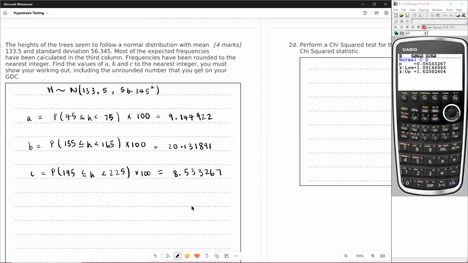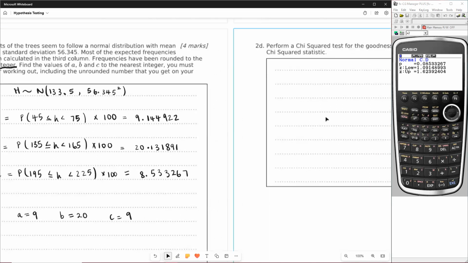Then they say to round them off to the nearest integer here. I almost said to the nearest teenager. That's funny. Round them off to the nearest integer. And that gives you 9 for A. And B would be 20. And C would be 9.